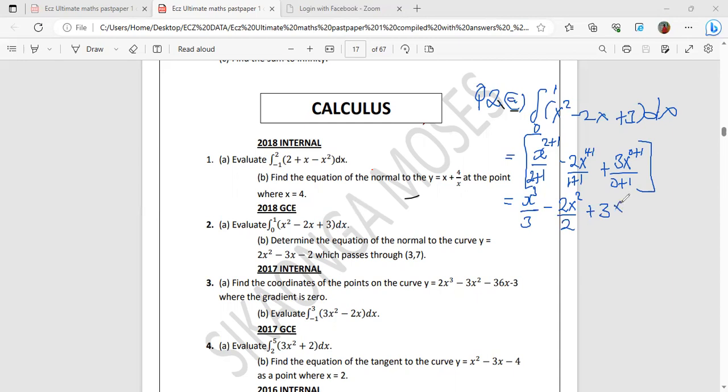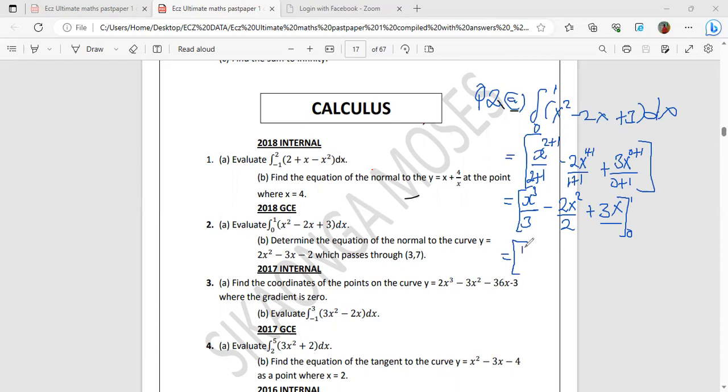This is just going to be x to the power 1, which is simply x. So we can introduce our limits. When you replace, you always start with the one that is on top. So you replace this one in the expression.